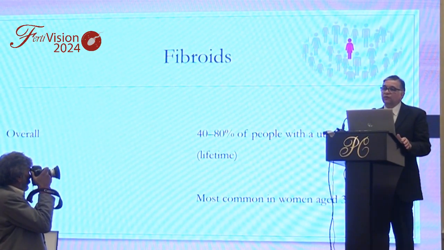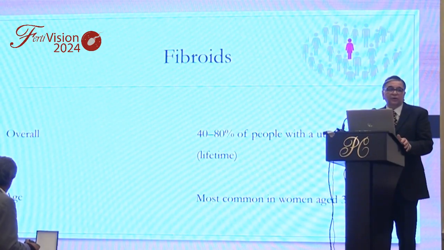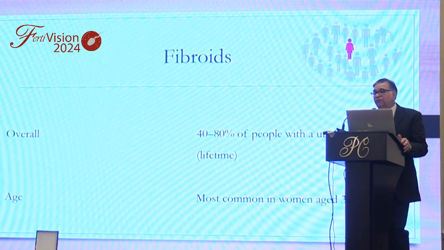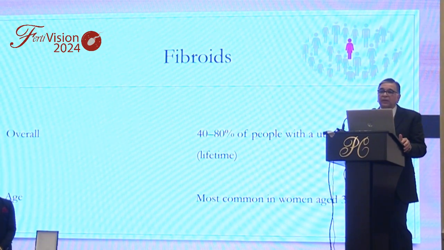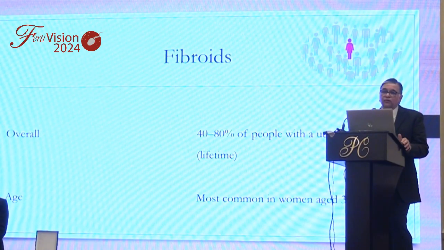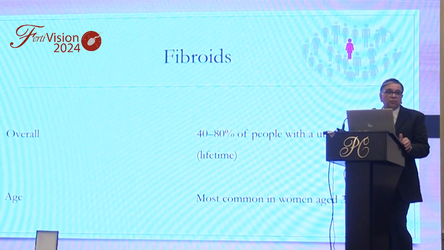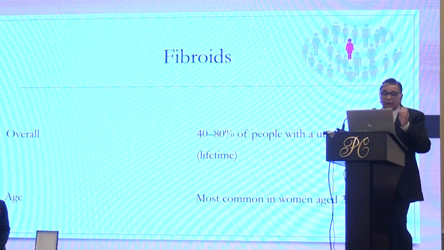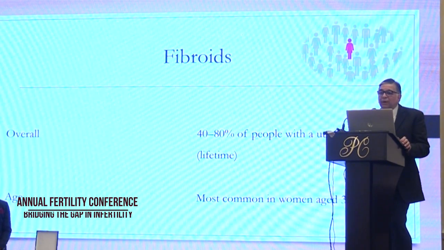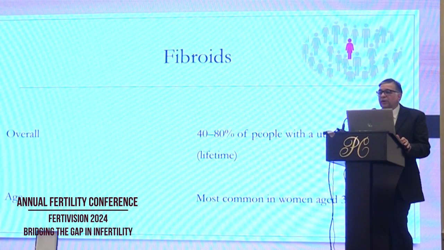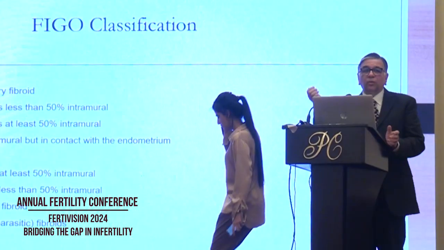It doesn't mean that most of them will have problems because of fibroids, but they are very, very common. They are the benign neoplasms of the uterine muscle, and they come in all forms and shapes, and come with problems and without problems. But the commonest age group is between 30 and 50, and that is the age group that we mostly deal with in our infertile patients.